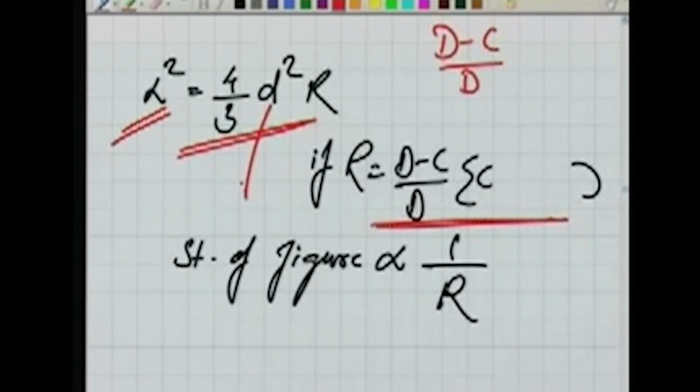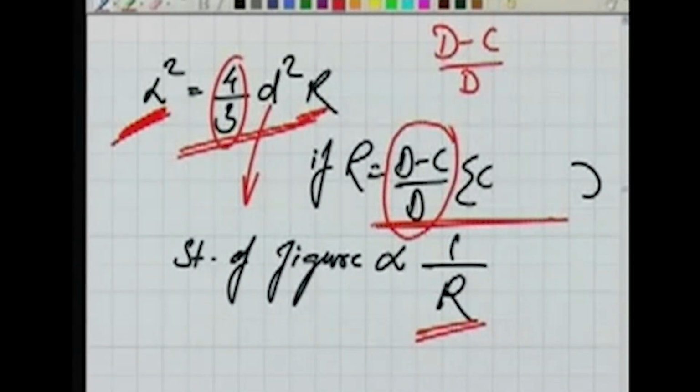Because D is a constant, because we are using the same theodolite. So if this is constant, the strength of the figure, because this error is proportional to R. So error in computation is proportional to R. So we can say strength of figure is inversely proportional to R. And this R is also made of two parts, D minus C by D and this part.